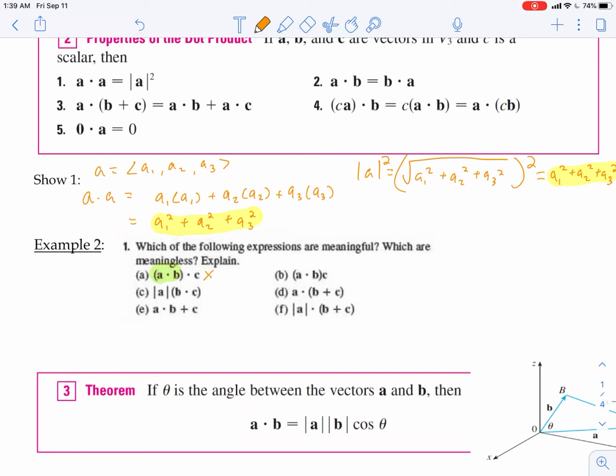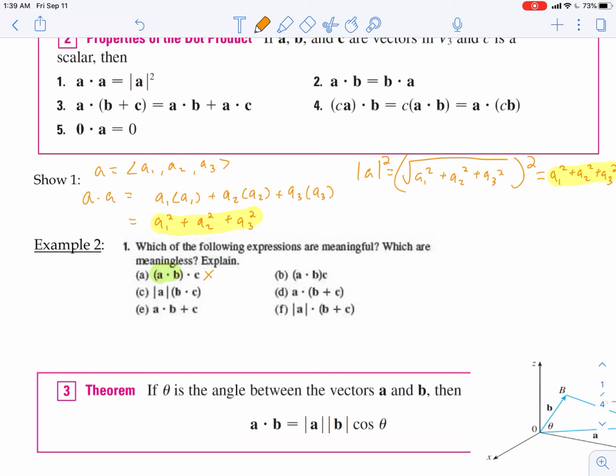All right, for B, is that meaningful or meaningless? A dot B is a scalar, and we're multiplying a scalar times a vector. That's meaningful, because A dot B is a scalar, and I'm not doing a dot product with another vector, I'm just multiplying a vector by a scalar.